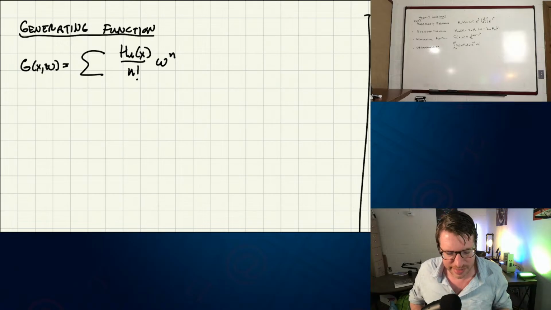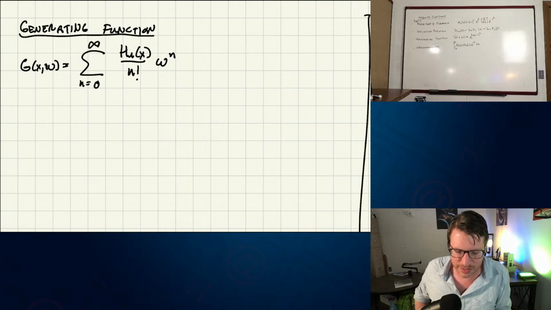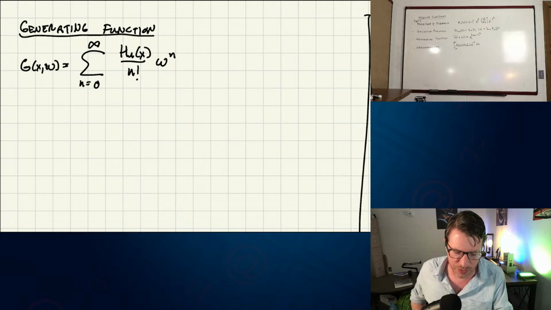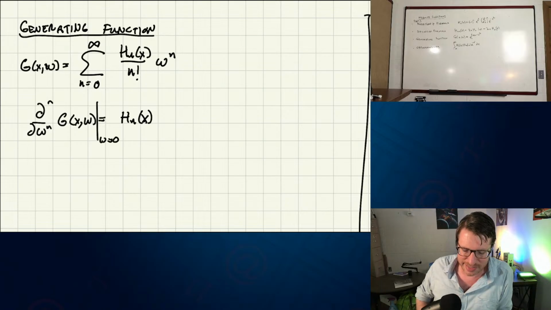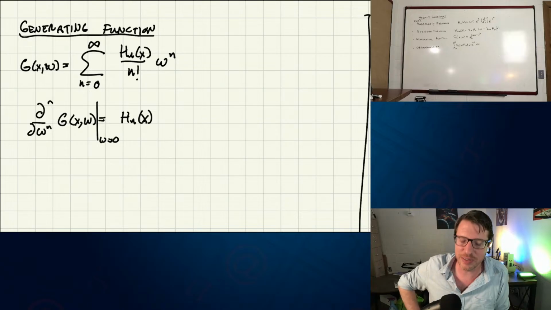And then the general idea here is to go and try to find a closed form for this generating function, because if you do, then you can basically get at, say, derivatives with respect to w of g(x,w). Then that should give you h_n(x), and then we set w equals 0. And so this is how it ends up generating the sequence that you want.